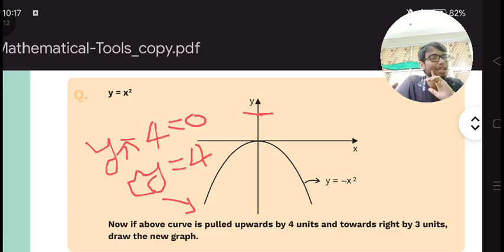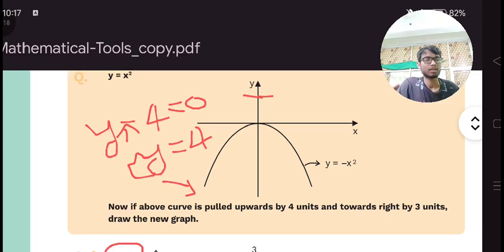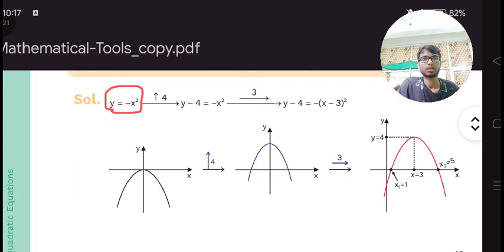Are you understanding? But why is a square coming? A square is coming because we are in the context of a quadratic equation. That's why. Okay, no problem.